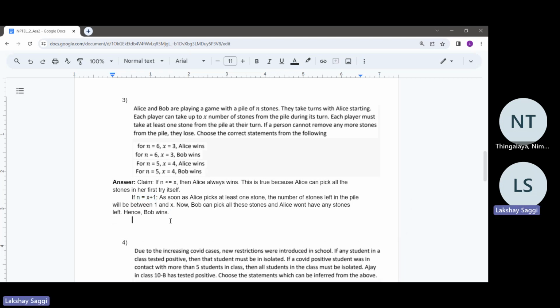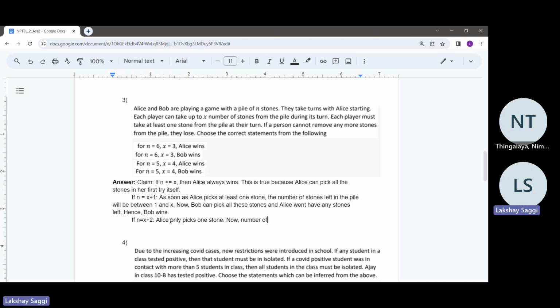Similarly, if n was actually equal to x plus 2, now this is a bit of an interesting argument. Let's say n was x plus 2, and Alice is starting, right? Let's say Alice only picks one stone. Now the number of stones left in the pile will be x plus 1.